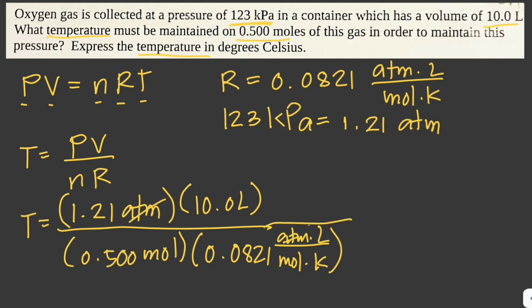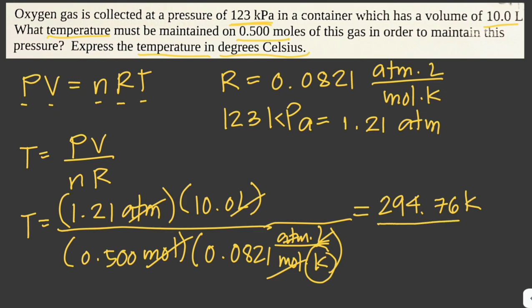So atm here cancels, and liters cancel out, and then the mole units. So we're left with Kelvin, which we will convert to degrees Celsius later. So this is just equal to 294.76 Kelvin.